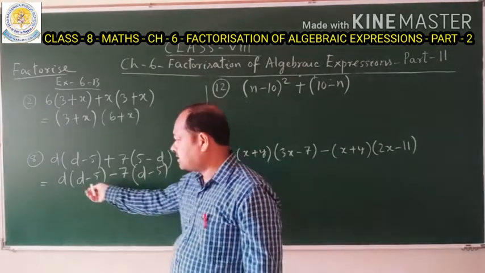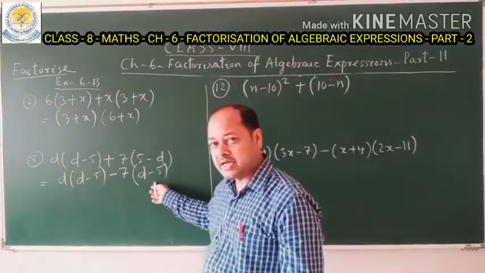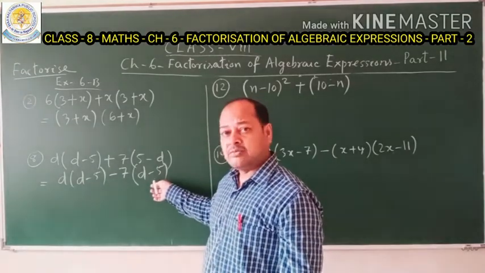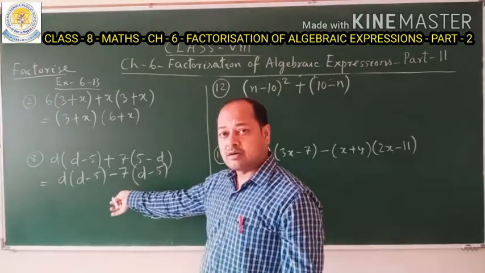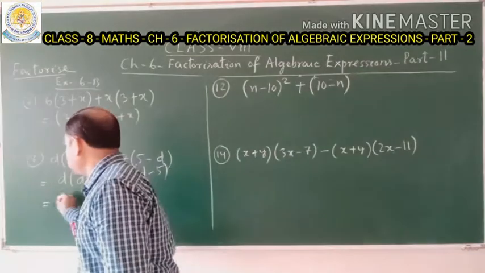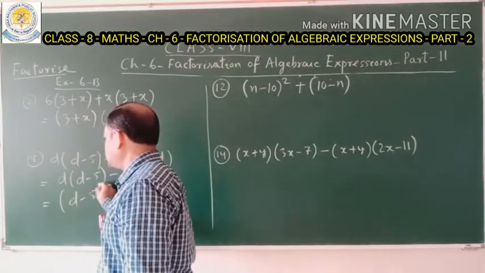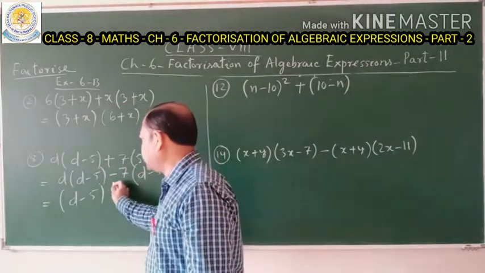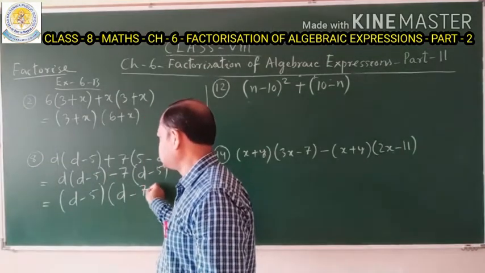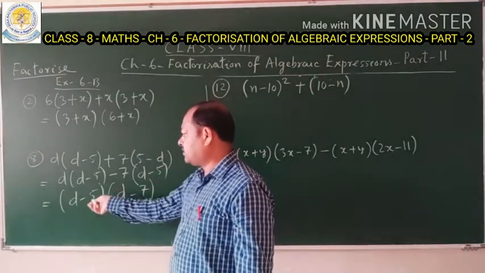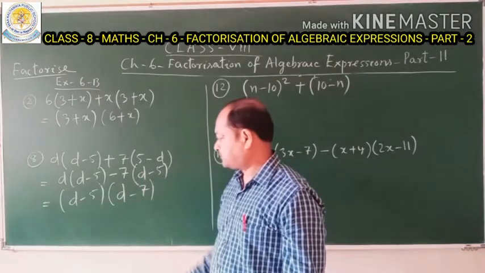Now d minus 5 and d minus 5 are both common binomial factors, so we can take it common. The expression is d minus 5 into d minus 7.